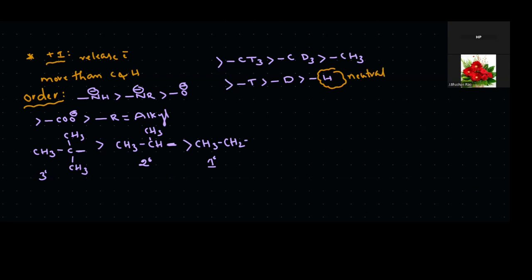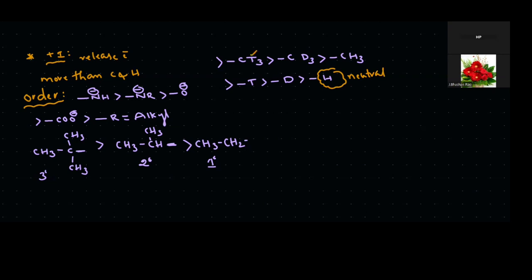So this is the plus I group order, or electron releasing group order, in the inductive effect. You have to memorize this order. It is: NH minus effectively releases the electrons, after that NR minus, next O minus, COO minus carboxylate ion, next alkyl groups. Here T means tritium, an isotope of hydrogen.